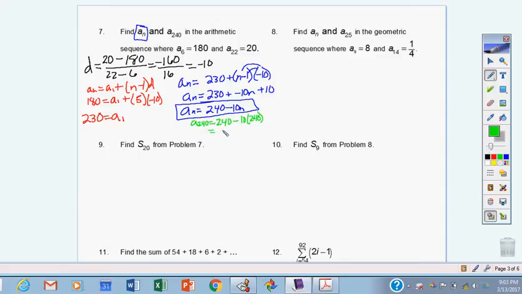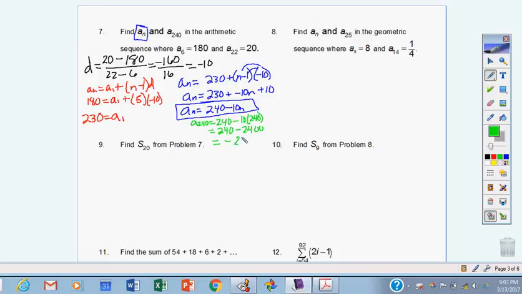So you got yourselves 240 minus 2400, right? So basically you're going to have a negative number, which by the way makes sense. If you look up here, we're going down by 10 every single time. All right, so take away 200, we'd be at negative 2200, so 40 more.